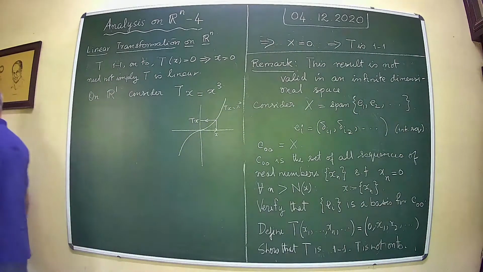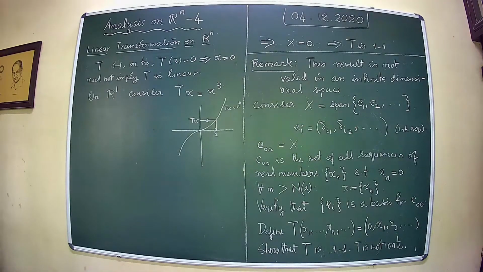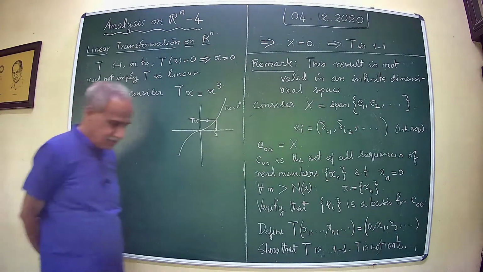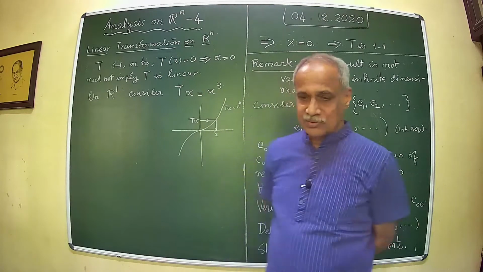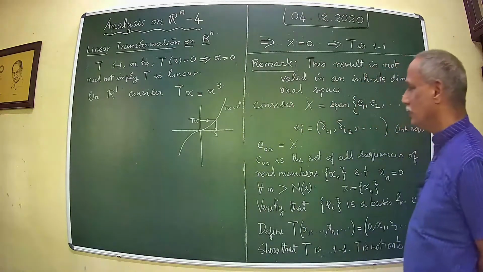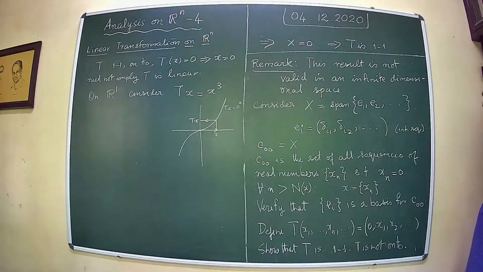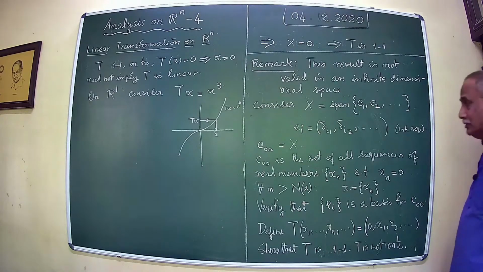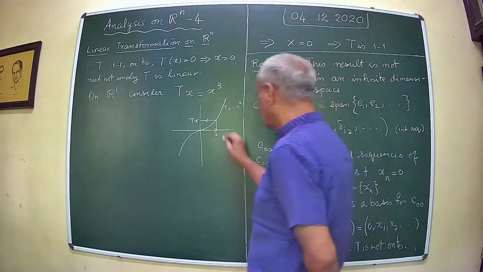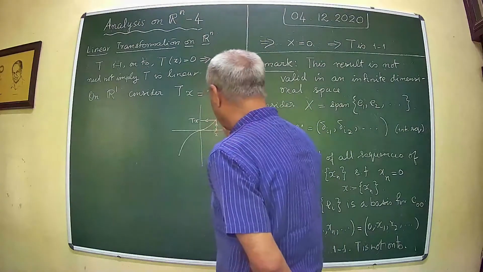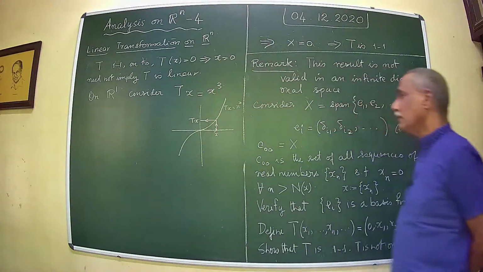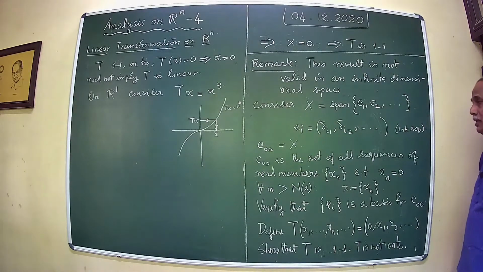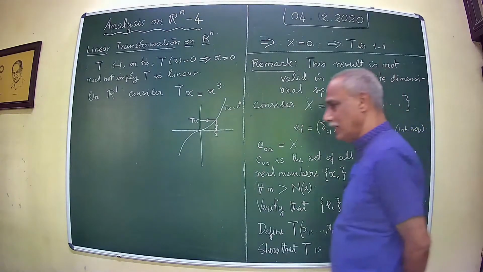Tx equals 0 only if x equals 0, otherwise it is not equal to 0. And T is both 1 to 1 and onto.